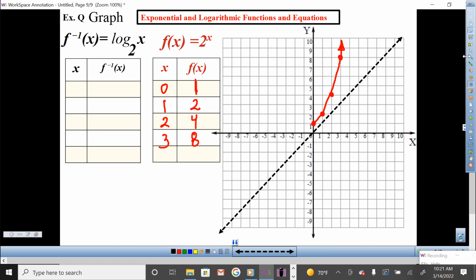Copy that. And label it y equals x. Okay. Are we there?